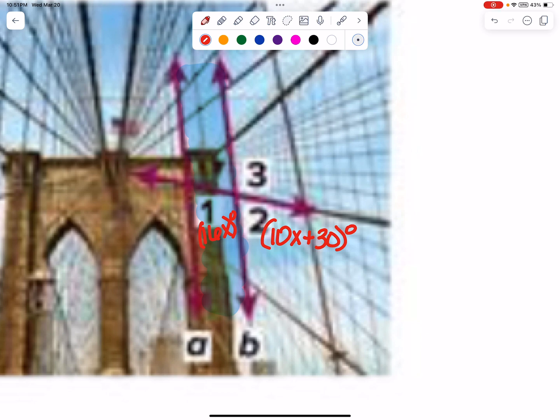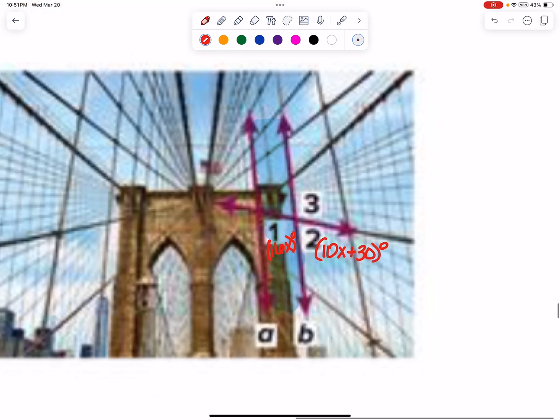We know that 10x plus 30 and the angle 3 have to equal 180 degrees. So this is our mystery amount, which is x. And we also know, actually, here's what we know.